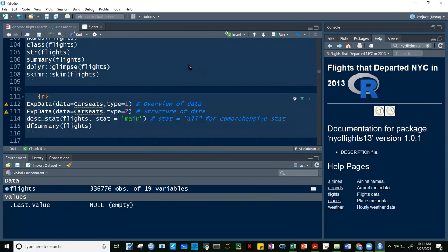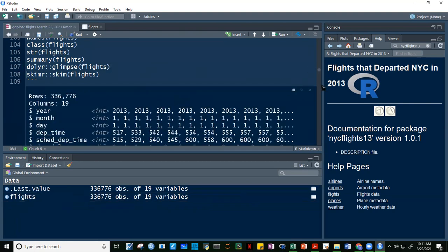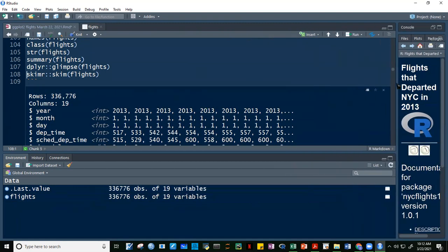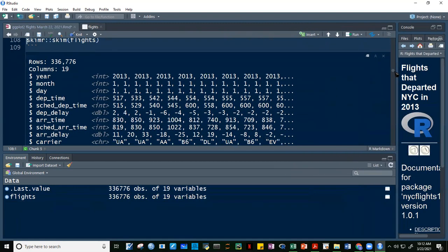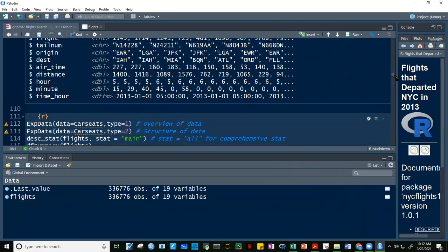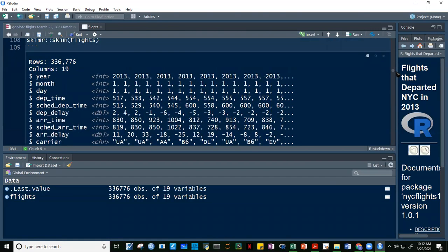Okay, now it's also important to do summary statistics with the data. We can make use of glimpse, a function in dplyr. If you run this, it summarizes pretty much just like the structure from earlier. Rows, columns, and then it tells us what kind of data, the data types included here.